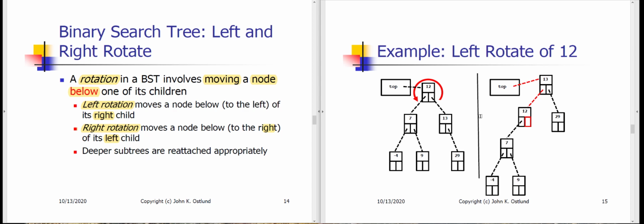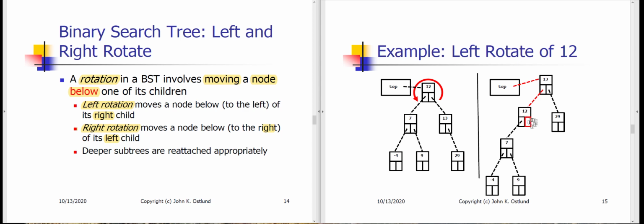So I end up changing 3 references. First of all, I change the reference top to refer to 13, which is the new top node. I change 13's left to be the 12. There's the so-called left rotation. I've moved the 12 down to be the left child of the 13.